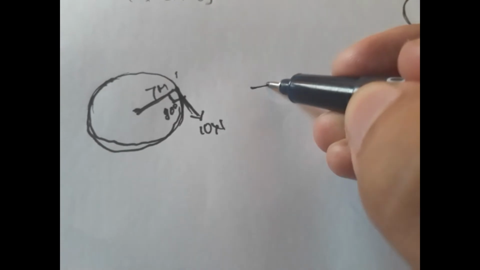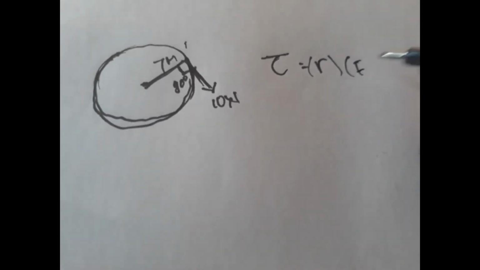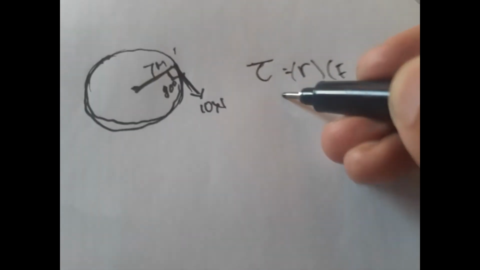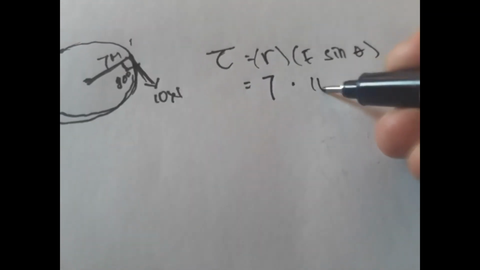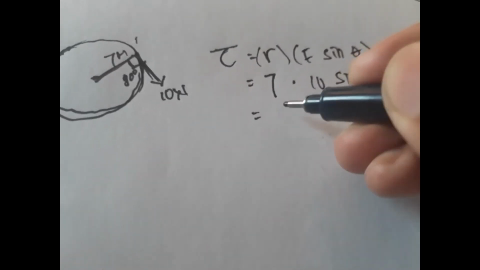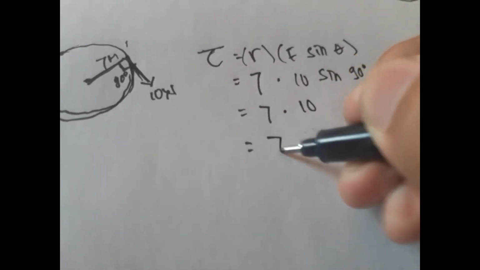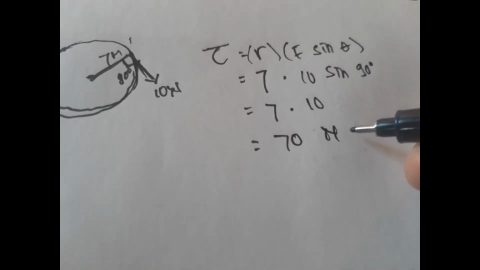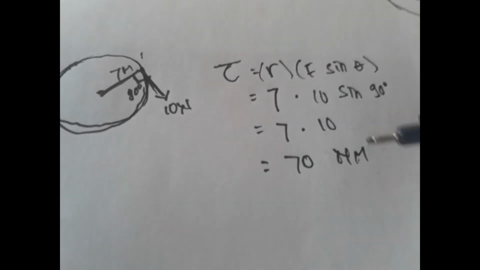Now, to calculate the torque, you just need to put in the equation first: torque equals r F sin theta equals 7 times 10 sin 90 degrees equals 7 times 10, which is 70 newton meters. Easy enough, right? That's it for torque.